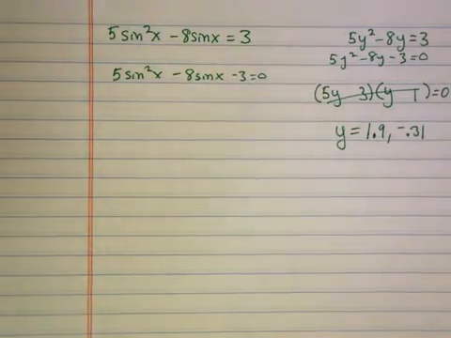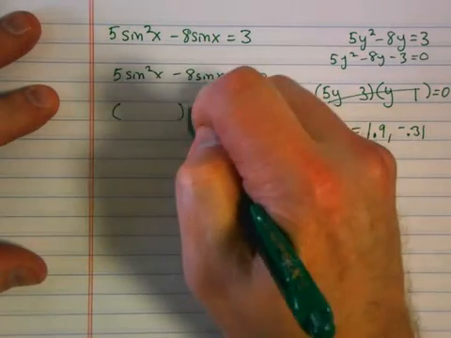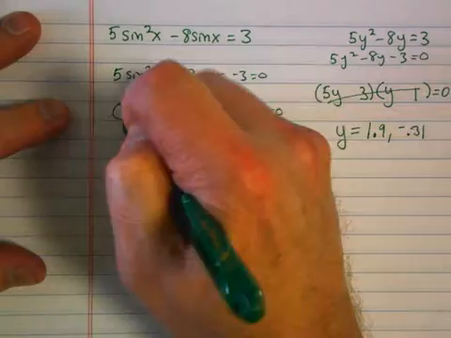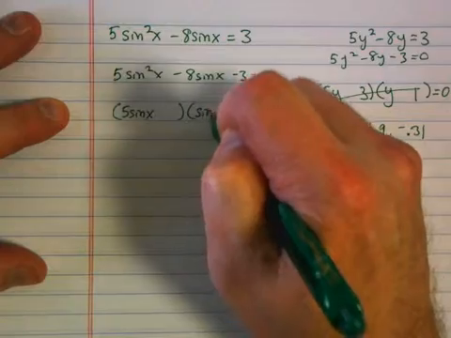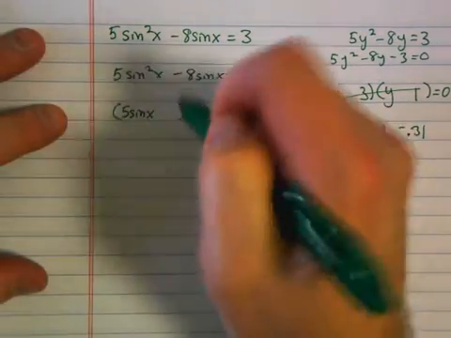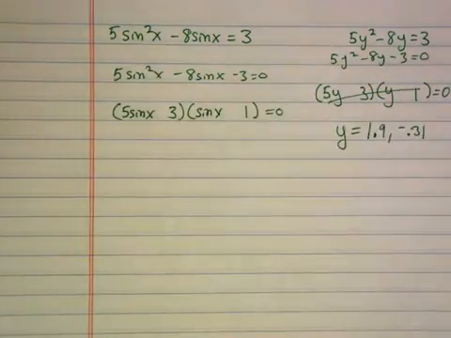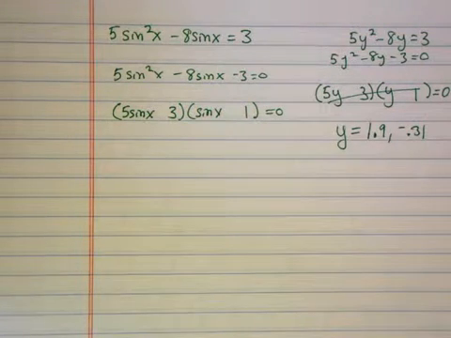And if it factored, you would do it the same way you do in algebra, except you would have a 5 sine x and a sine x, and then you would need a 3 and a 1. And unfortunately, it doesn't factor. So what do we do?